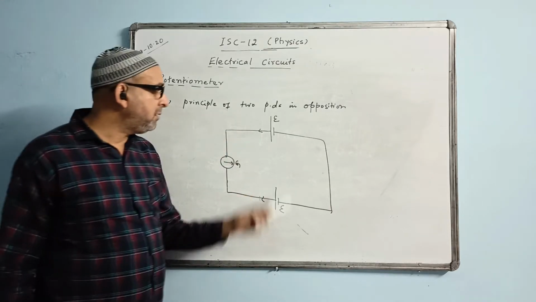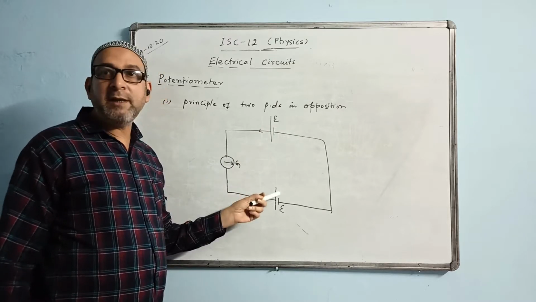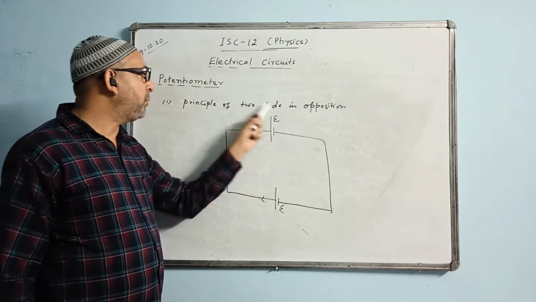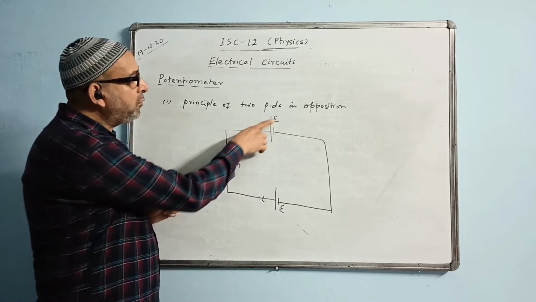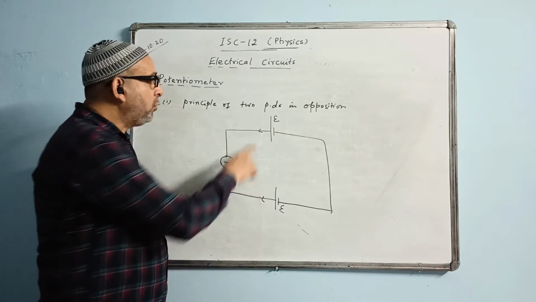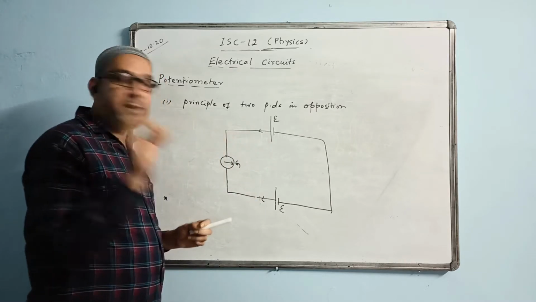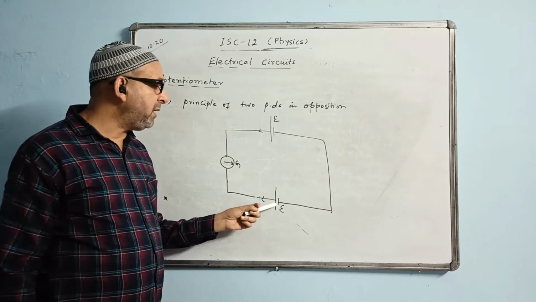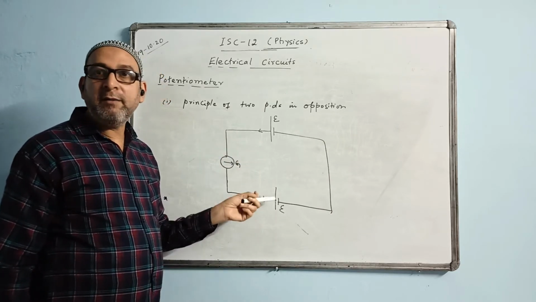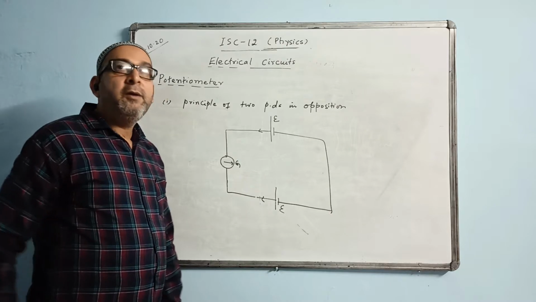The circuit is like this. Two cells having the same values, but put in opposition. Two PDs in opposition. They will give equal currents because the EMFs are the same. The total current of the circuit becomes zero. That means the galvanometer gives null deflection. That means it measures exactly the EMF; any unknown cell we can measure by this method.